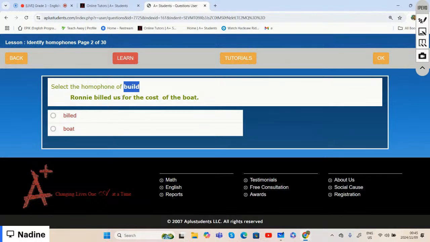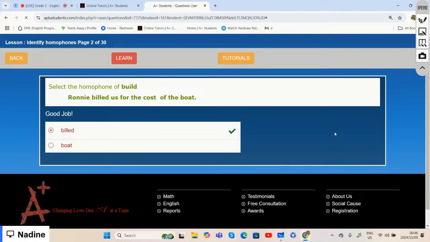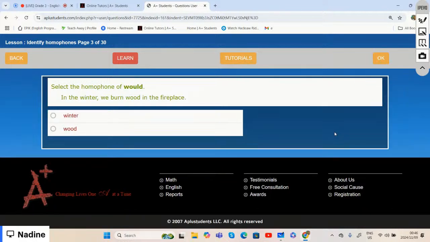All right, and if we were to choose the correct word, bold, that sounds the same as bold. It is option one. It's like where they charge you for something, you need to pay for it, right?